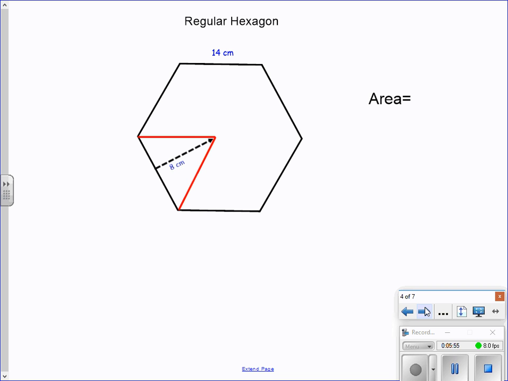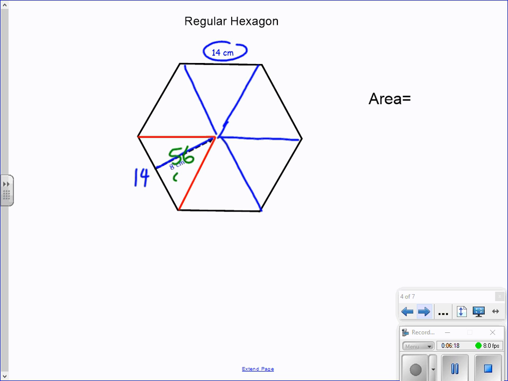So again, this is a hexagon. You can make it into 6 identical triangles. Just find the area of one of the triangles, and then you're good to go. Right? You can do that. It's 14 times 8 divided by 2, which would be 56 centimeters squared.